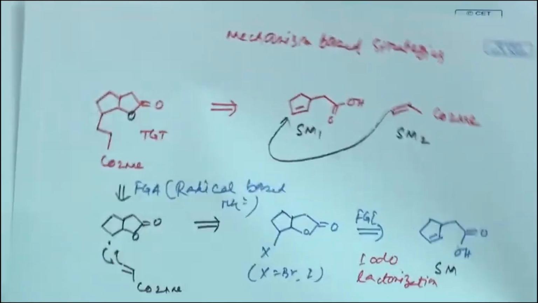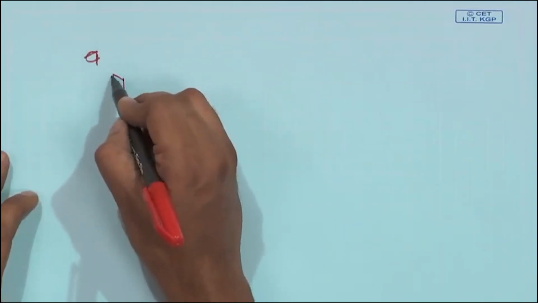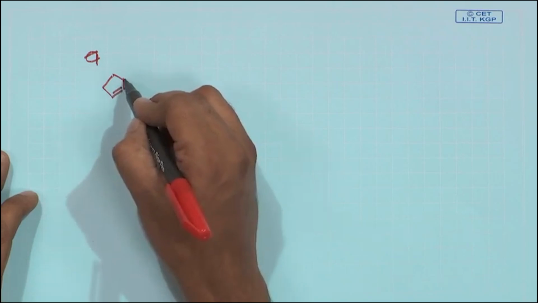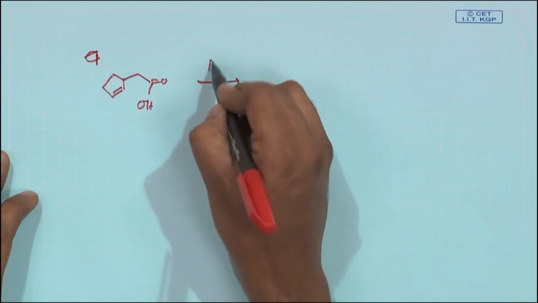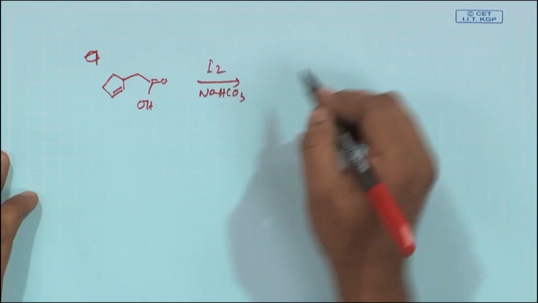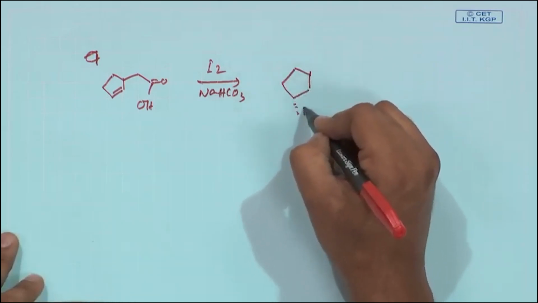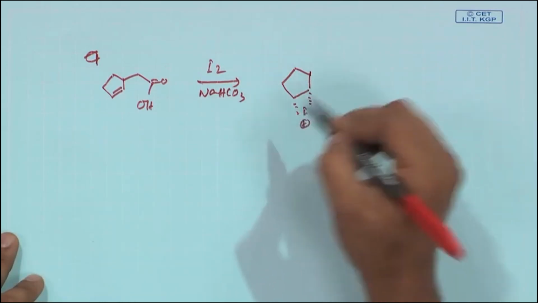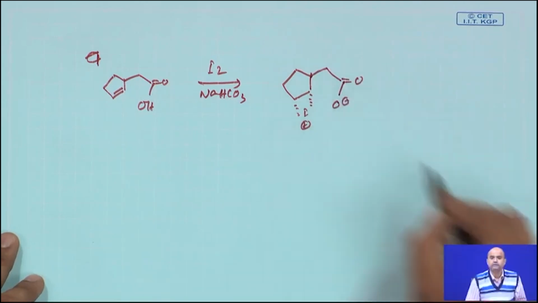So, the only thing we need to do is to work out the mechanism of this entire transformation. Now, start with the starting material which was given to you. First, iodine and sodium bicarbonate were used. So, initially with iodine you basically get the iodonium ion, fine, and then as bicarbonate is there, you have this O minus here.